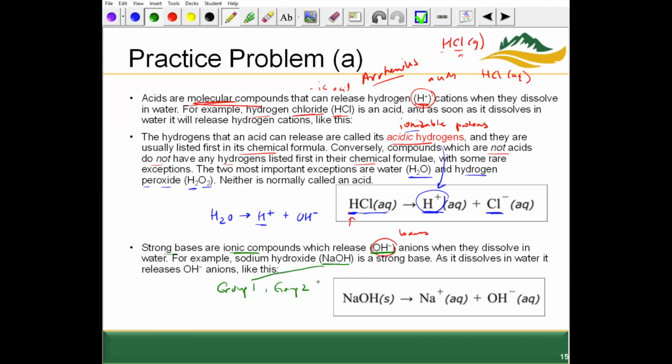Sodium hydroxide is a strong base because it fully dissociates into ions of Na plus and OH minus, or hydroxide anions. Another example of a strong base is barium hydroxide, where barium is in group 2. So strong bases are ionic compounds, meaning they contain a metal and a nonmetal, where the nonmetal component is OH minus.